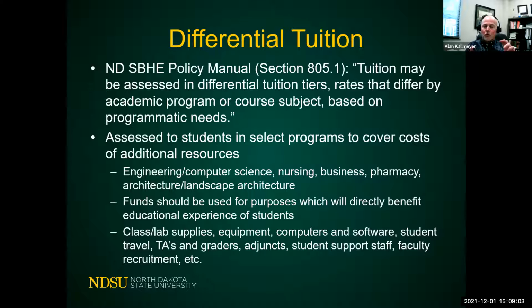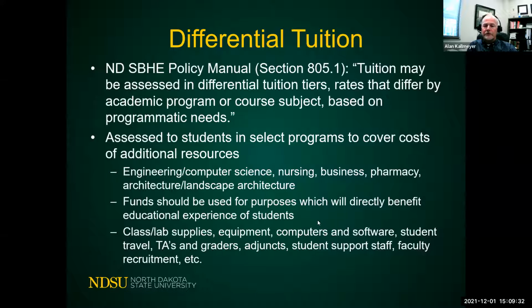So whenever we're looking at spending differential tuition funds, I always ask myself first and foremost, how will that benefit the students? And if there's no direct benefit to the students, then I won't use DT for it. So I don't use DT to cover any kind of research costs or anything outside of that educational environment. And that's the philosophy that we have taken.